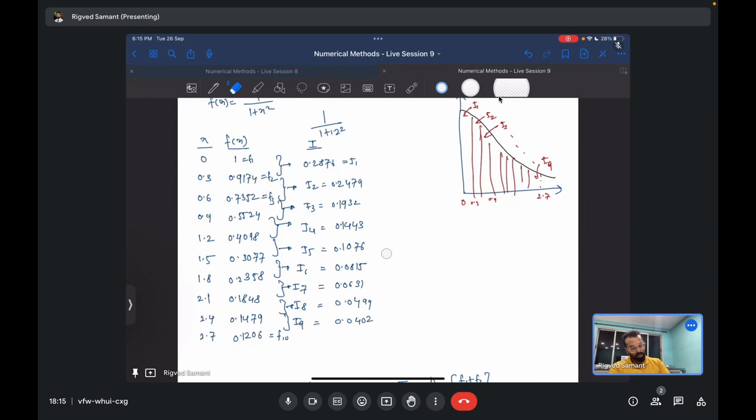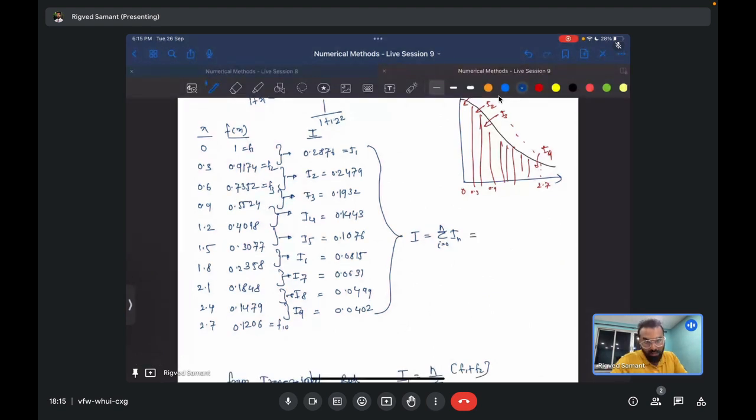If you sum them up, you will get, that is, what is your summation from 0 to n.